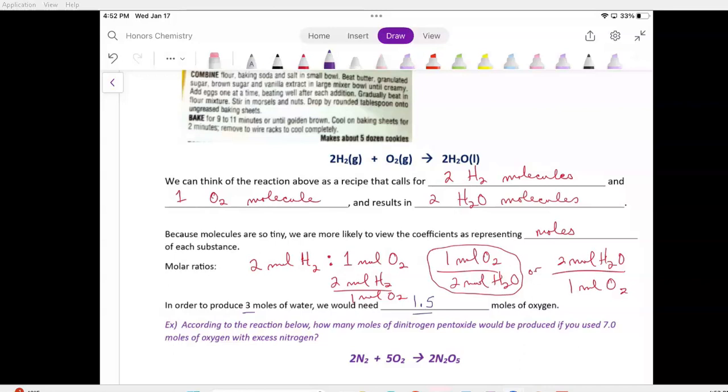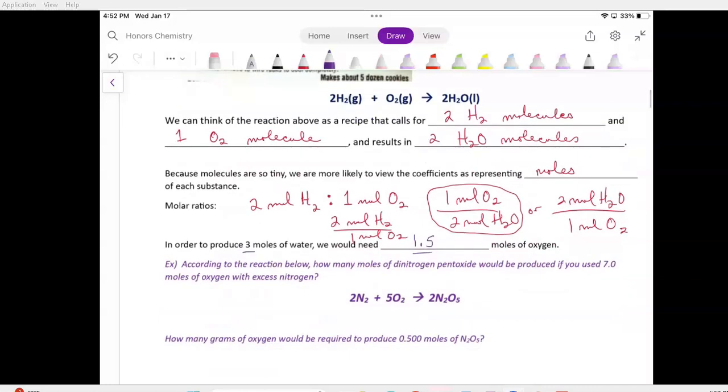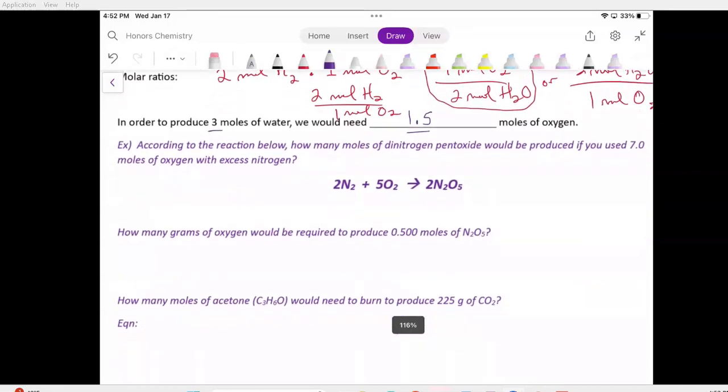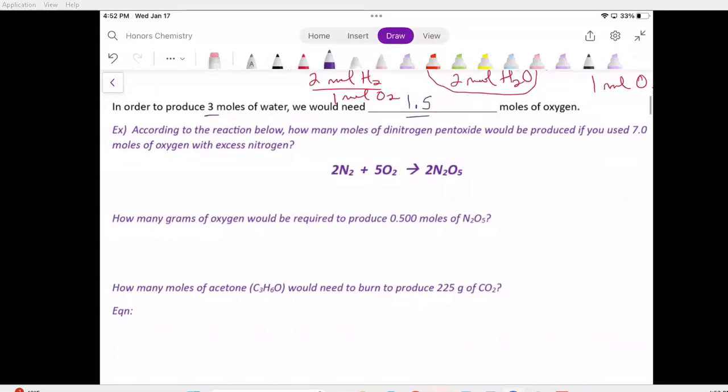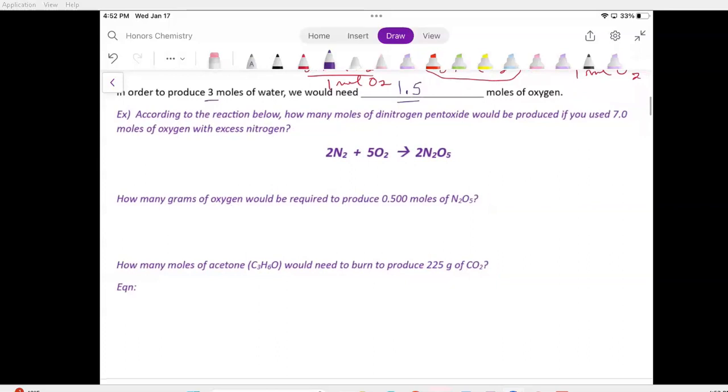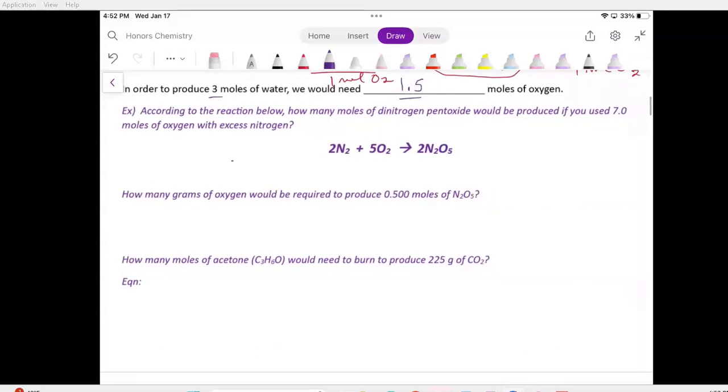Okay. It says, according to the reaction below, how many moles of dinitrogen pentoxide would be produced if you use 7 moles of oxygen with excess nitrogen? So the excess nitrogen part just means don't worry about the nitrogen. We have plenty of it. But let's just base this on using 7.0 moles of oxygen.